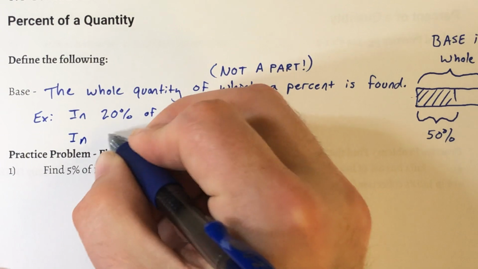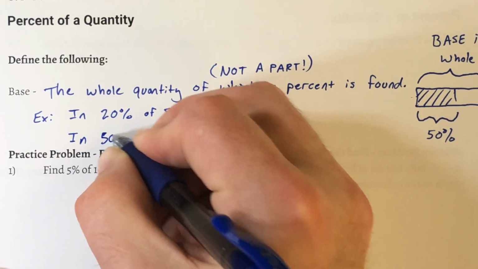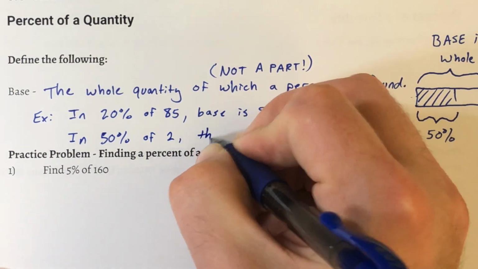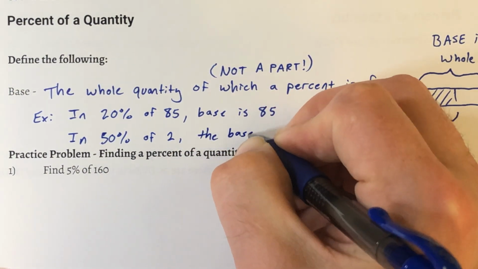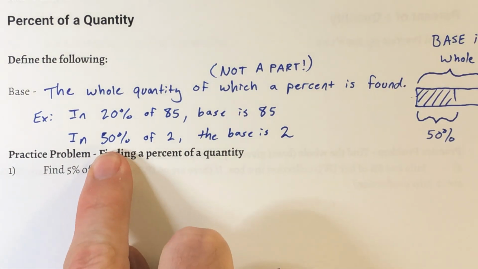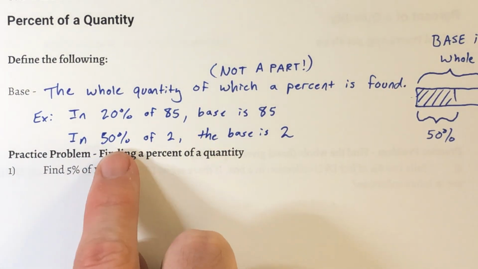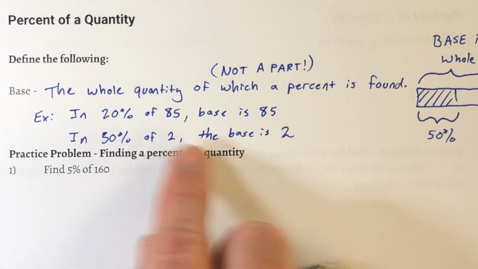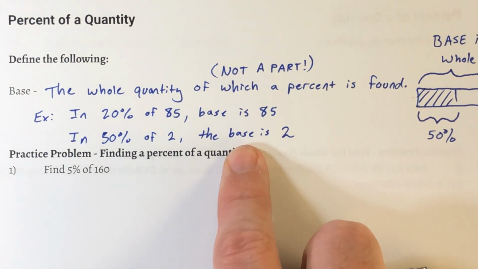Another example, in 50% of 2, the base is 2. 50% represents the part. It's what you want. So in other words, in this problem, I'm essentially asking what's half of 2. 2 represents everything, so 2 is referred to as our base.